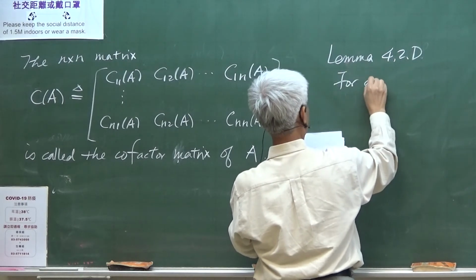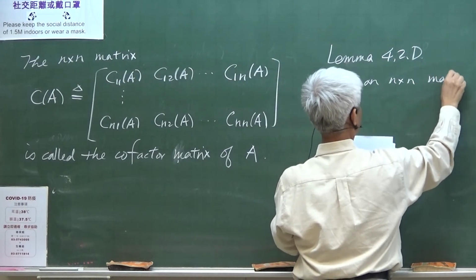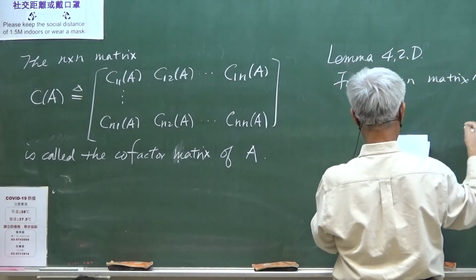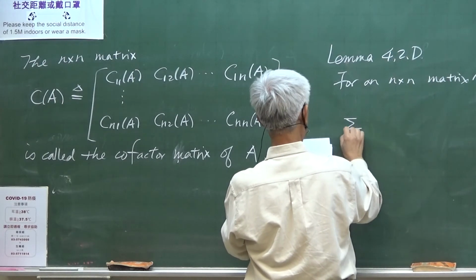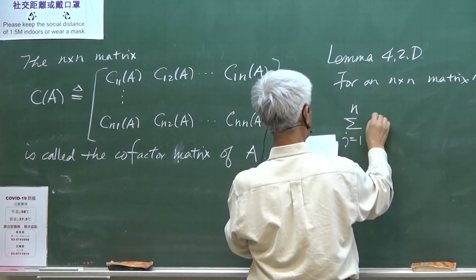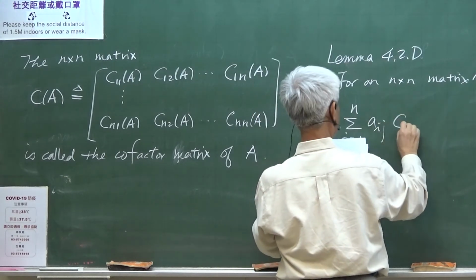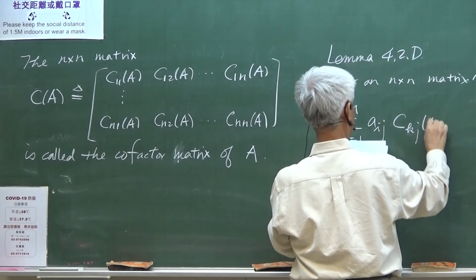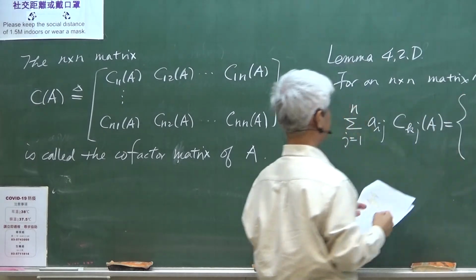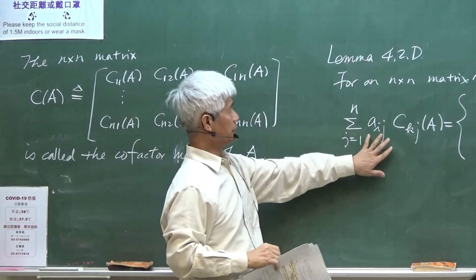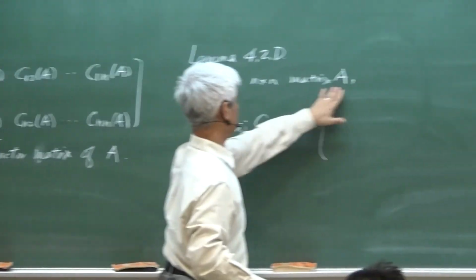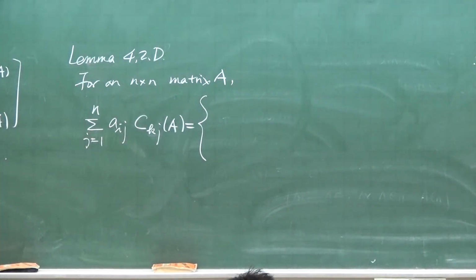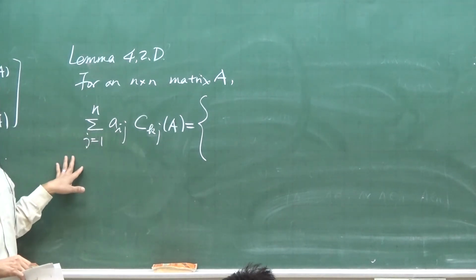For an n times n matrix A, the summation over j from 1 to n of a_ij times C_kj(A): you use the ith row of A and the kth row of the cofactor matrix, multiply together to form a sum.